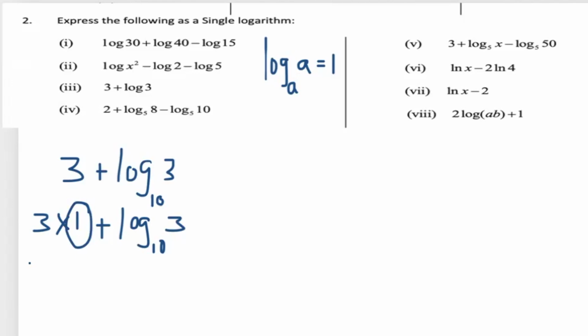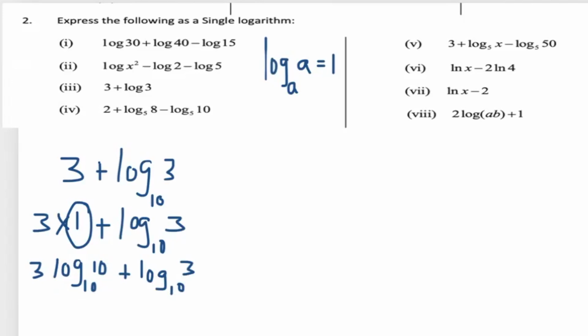So I'm going to rewrite this one in terms of base 10. Instead of 3 times 1, I'm going to have 3 log 10, base 10. But you should agree, based on the rules, that when these two values are the same, the entire value here is 1. So really, this is still saying 3 times 1.